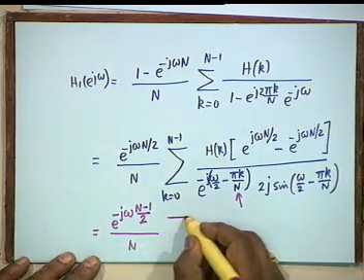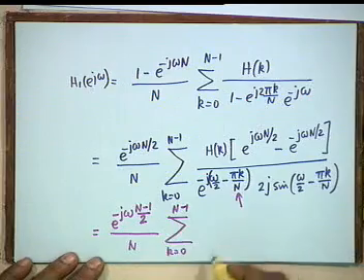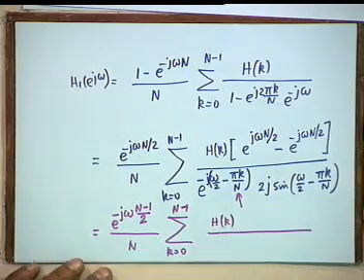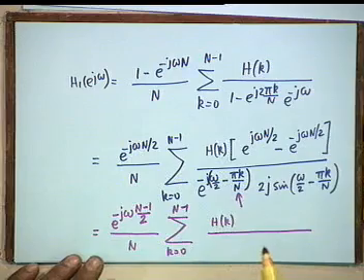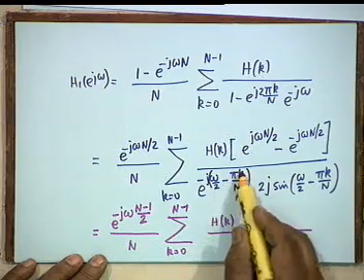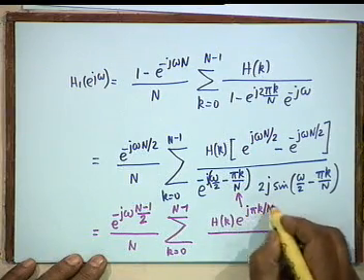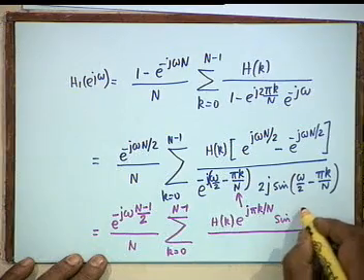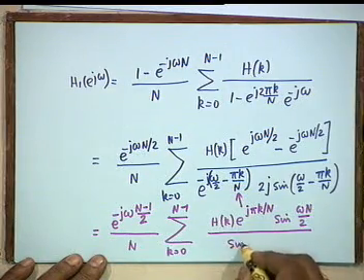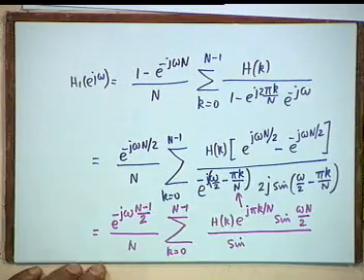So, this becomes summation k equal to 0 to N minus 1, then in the numerator I shall have H k, yes, but you have to bring this out also, e to the j pi k by N, then sine of omega N by 2 divided by sine of this, 2j and 2j will cancel from the numerator and denominator.